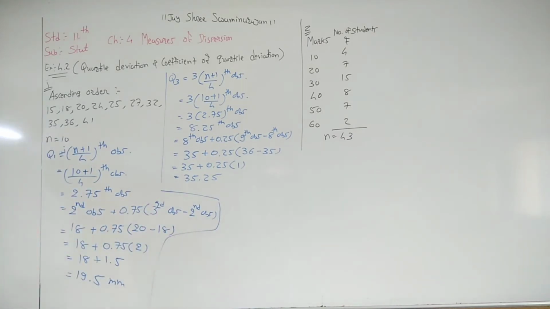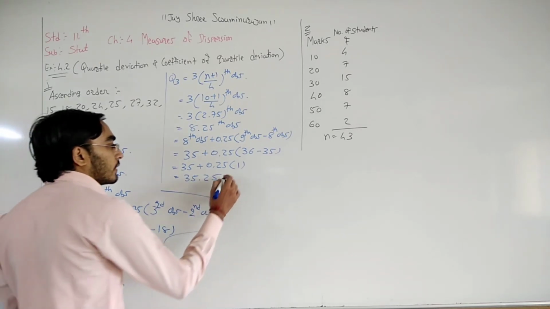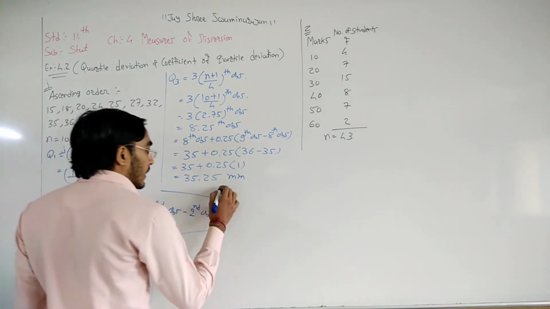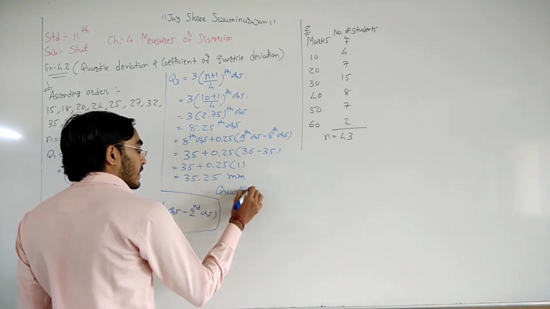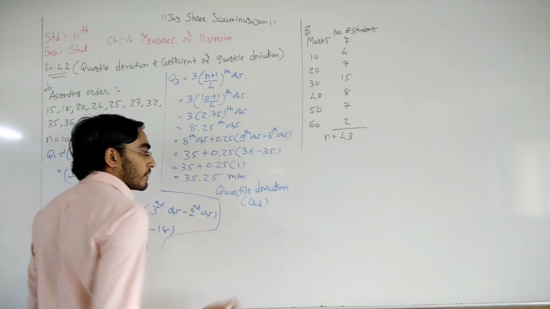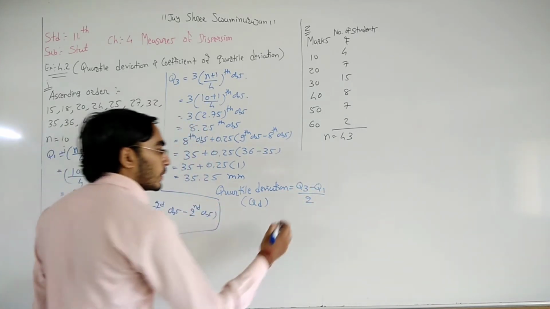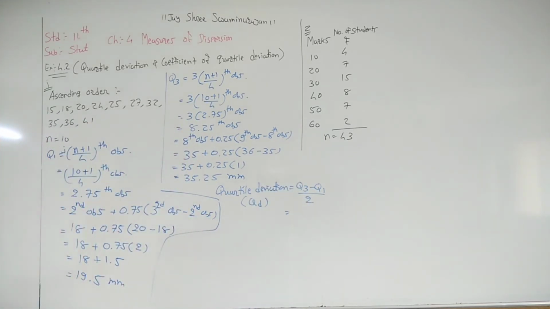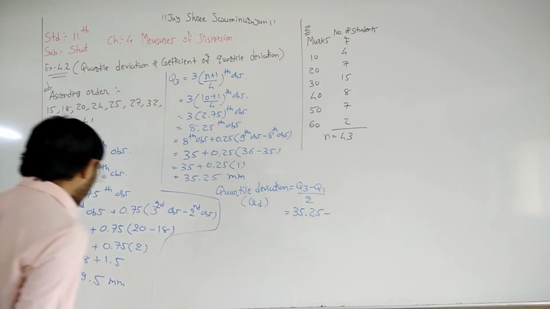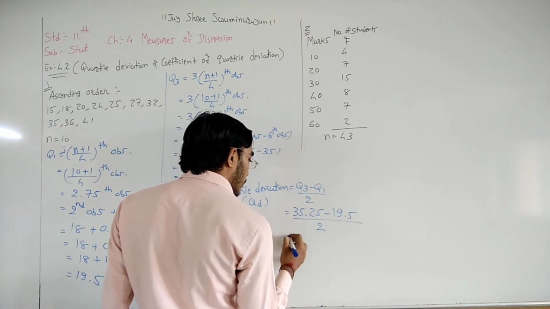So now we can find the quartile deviation and coefficient of quartile deviation, and here our unit is mm. Quartile deviation is represented by QD, and the formula is (Q3 minus Q1) by 2, right? Q3 is 35.25 minus Q1 19.5, divided by 2.